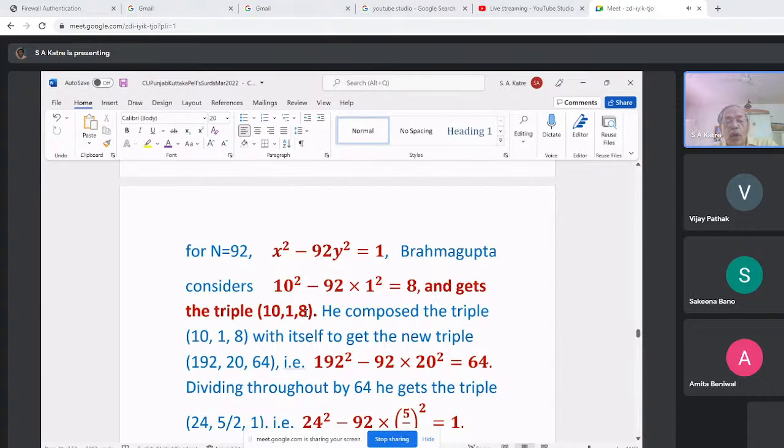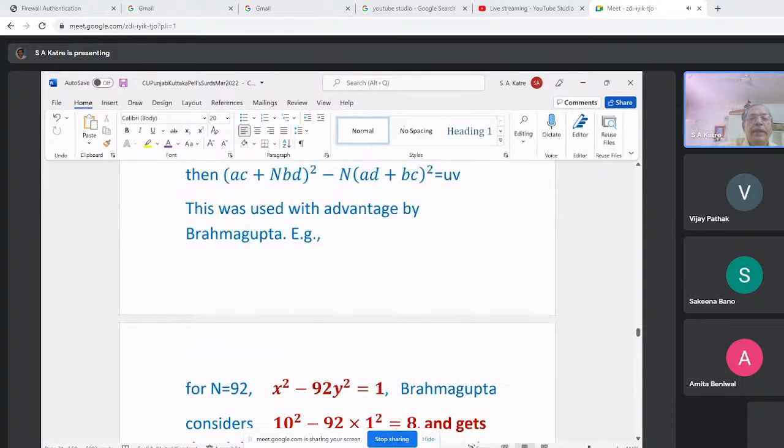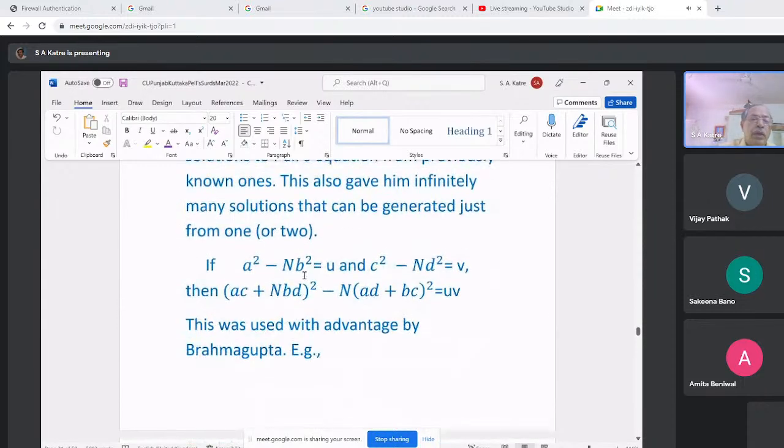Okay, now he composed this triple 10, 1, 8 with itself. Compose means, like you see here, a square minus nb square equals u and c square minus nd square equals v. You are composing and getting a new equation in which the right hand side is u into v.